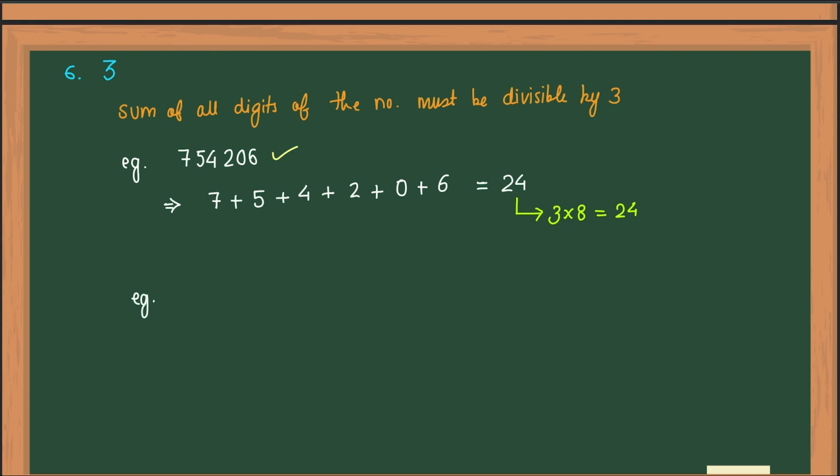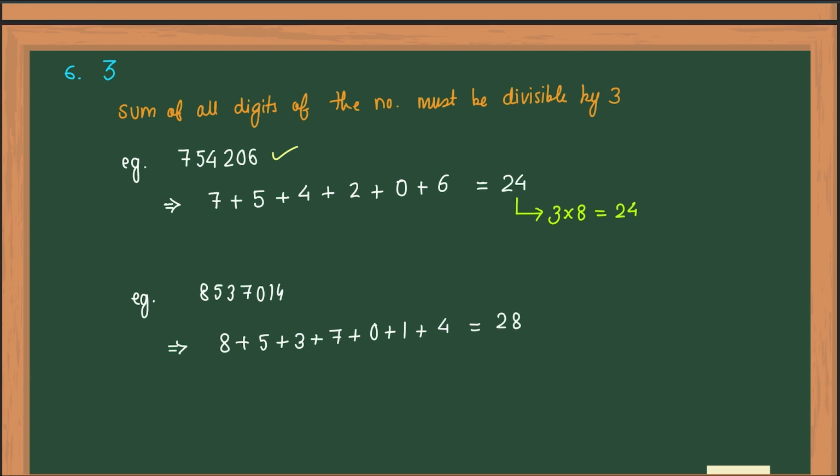Let us consider another example. The other example is 8537014. In this way, we are going to add up 8 plus 5 plus 3 plus 7 plus 0 plus 1 plus 4. When we add them up, 8 and 5 is 13, 16, and 7 will give us 23, 24, and this will be around 28.